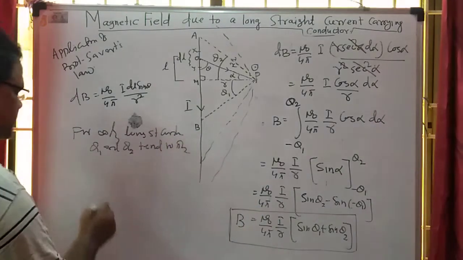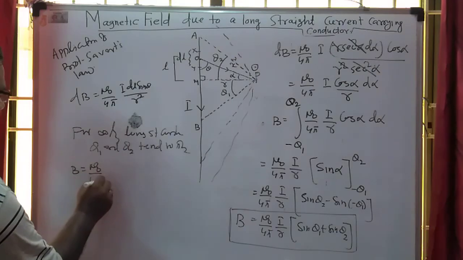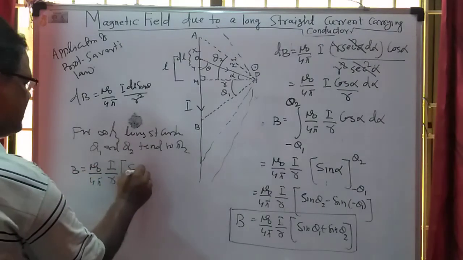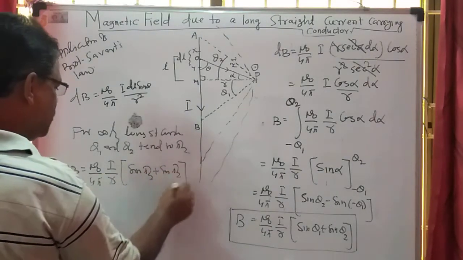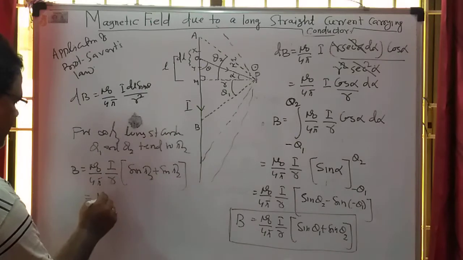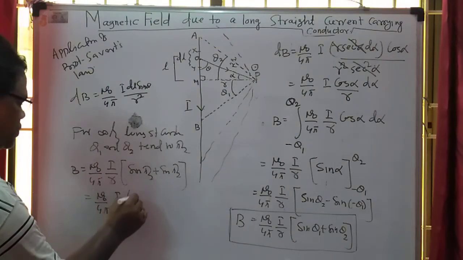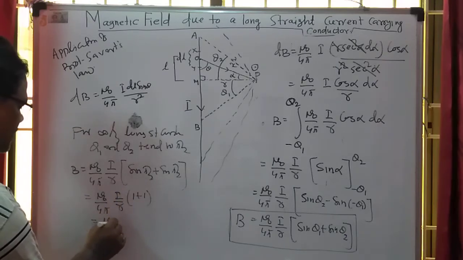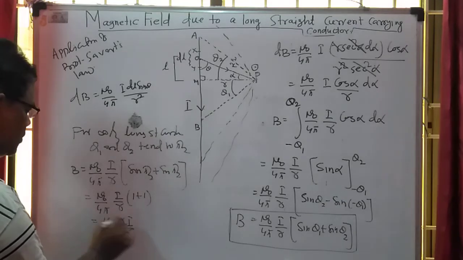So if you put the values, B will be equal to mu naught by 4 pi I upon r into sin pi by 2 plus sin pi by 2. Sin pi by 2 equals 1. So you are finding mu naught by 4 pi I upon r into 2, because 1 plus 1 is 2, that is mu naught by 4 pi 2I upon r.